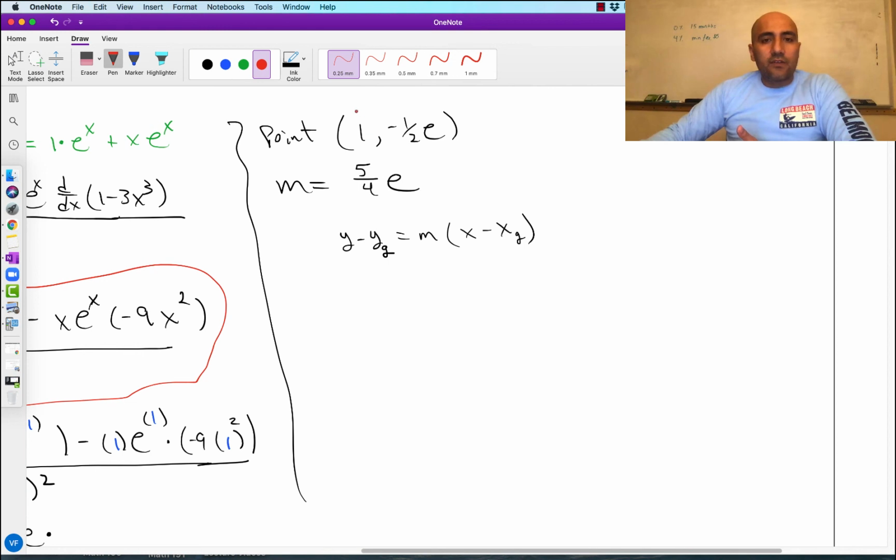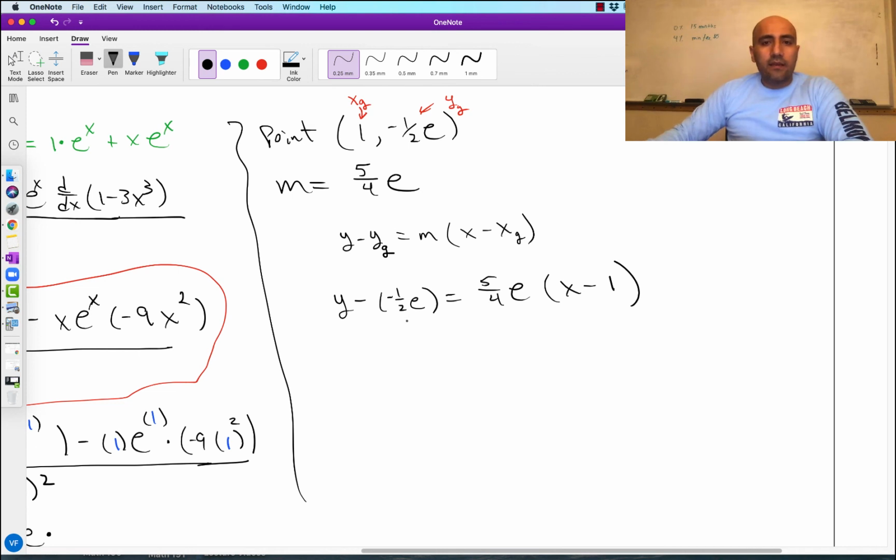So we're going to consider this right here as our x sub g, the given point, and this is the y sub g, the given point, and here's our m. So we just evaluate this. So y minus negative 1/2 e, that's the y, equals 5/4 e, x minus 1.